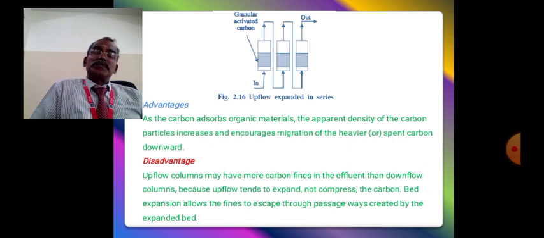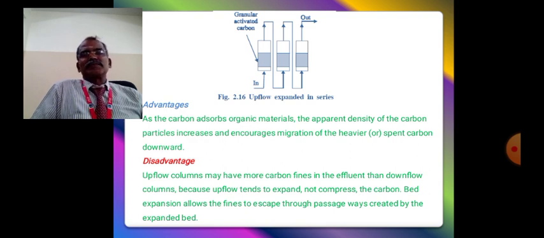Advantage of the upflow method: as carbon adsorbs organic materials, the apparent density of the carbon particles increases and encourages the migration of the heavier spent carbon downward.